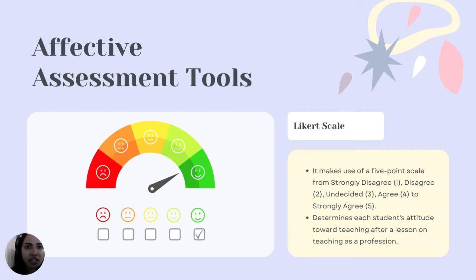So, Likert scale. A Likert scale is one example of a rating scale. It makes use of a 5-point scale from strongly disagree, disagree, undecided, agree, and strongly agree.